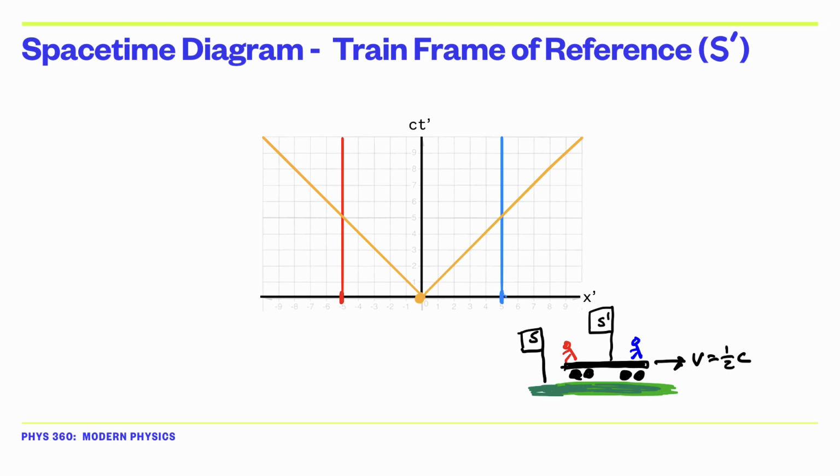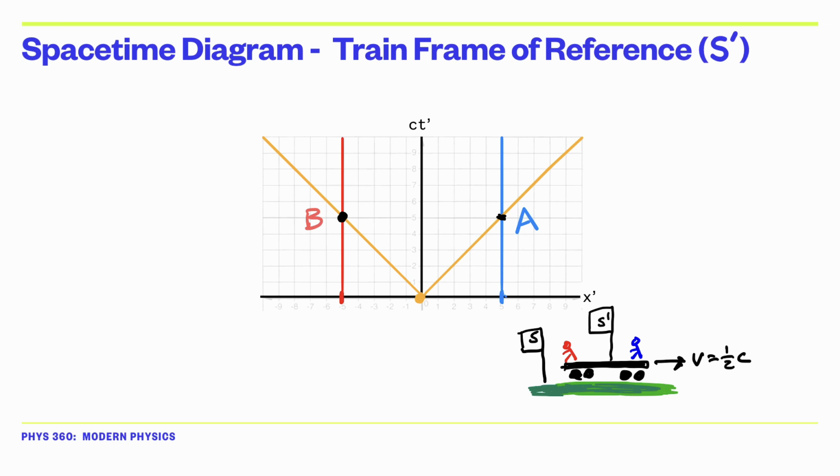We'll call the point where the light ray intersects Ms. Blue's world line event A. And we'll call the point where Mr. Red's world line intersects the light ray event B. These two events correspond to the locations where the two observers see the light flash. As we can see, events A and B occur at the same time, where ct prime equals 5 meters.